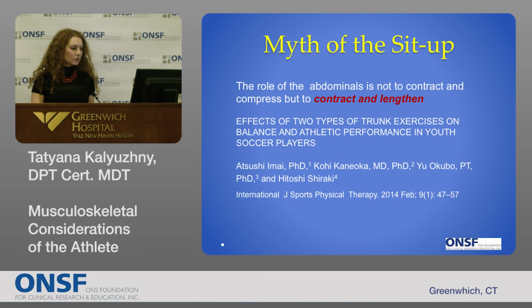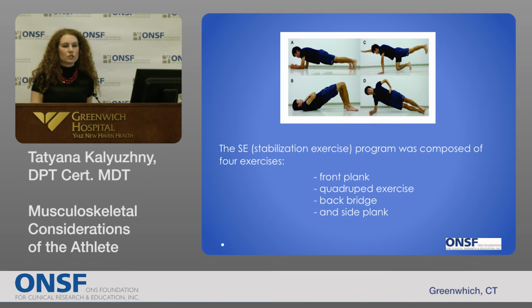This particular study looked at two types of trunk exercises on balance and athletic performance in youth soccer players. They assessed standing on one leg, doing star reaches, so bringing one leg forward, side, and back, stable standard balance, and also their endurance was assessed as well. The exercises they used were conventional ones versus stabilization ones. The stabilization exercise program was composed of 4 exercises: the front plank, the quadruped, the back bridge, and the side plank.